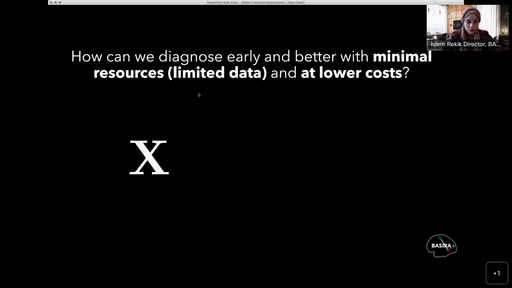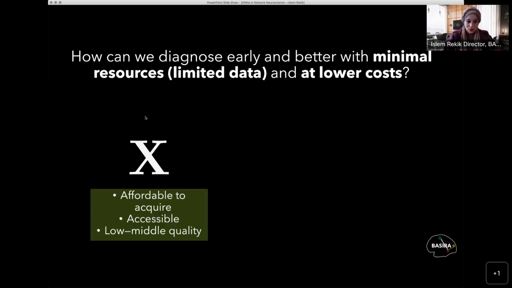So first, let's start with our nice variable X. So we do have here our data. So this is the data set that we have collected. Hypothetically, we hypothesize that the data is affordable to acquire. It's not that expensive. It's accessible. It may have low to middle quality. So that's not a problem if it has low to middle quality.